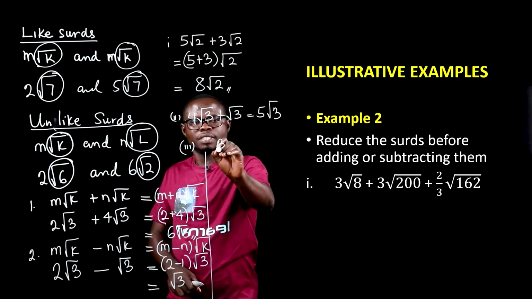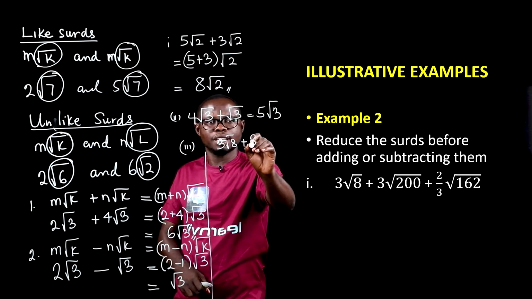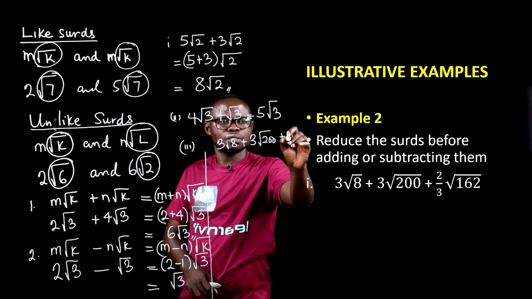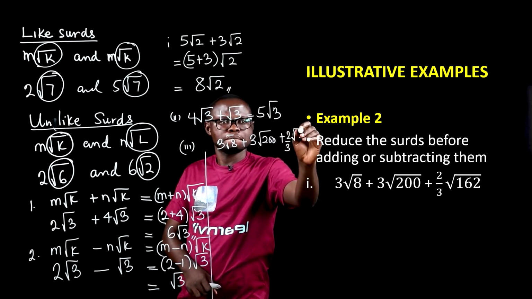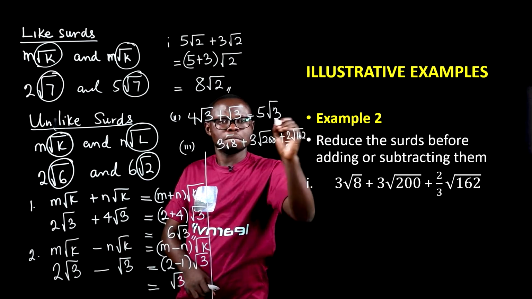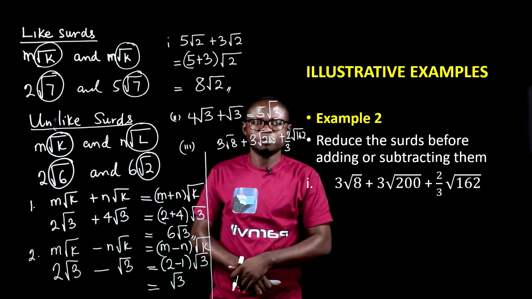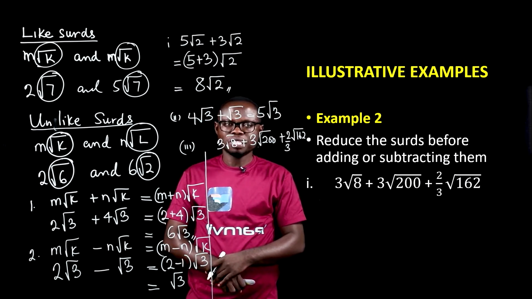We have 3 root 8 plus 3 root 200 plus 2 root 162. In this particular example, we need to apply the concept of reducing surds.